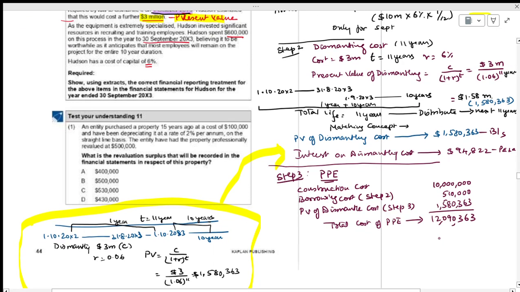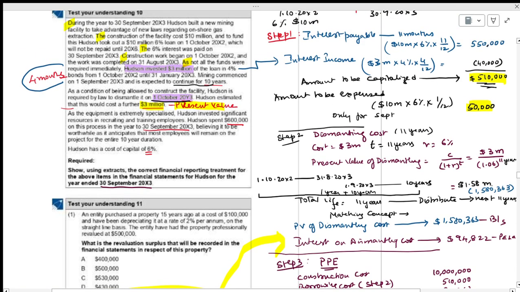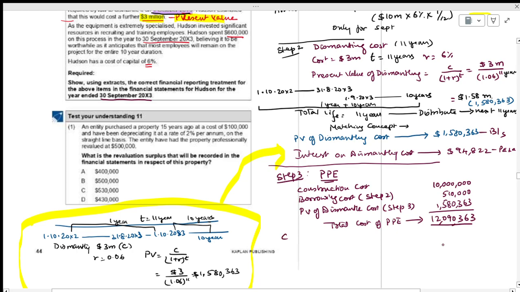Now, what we have to do next from this? They are asking us what? They are asking us 30th September 2003. When they have completed this, completed is on when? 31st August 2003.